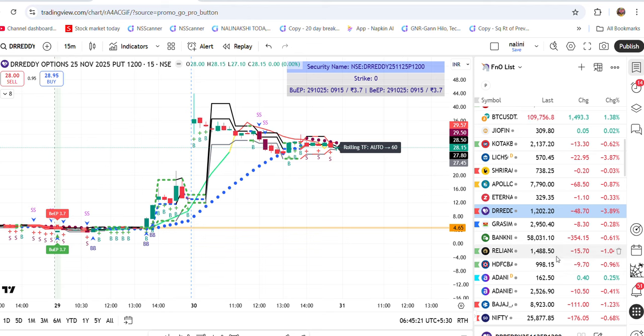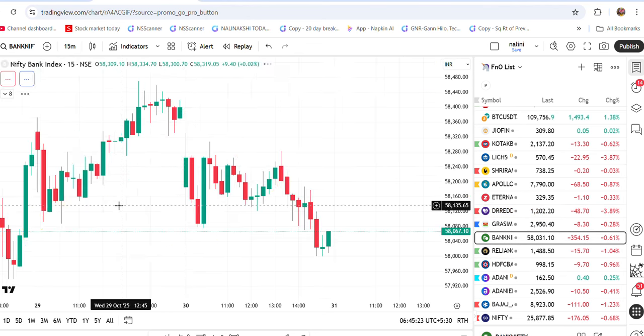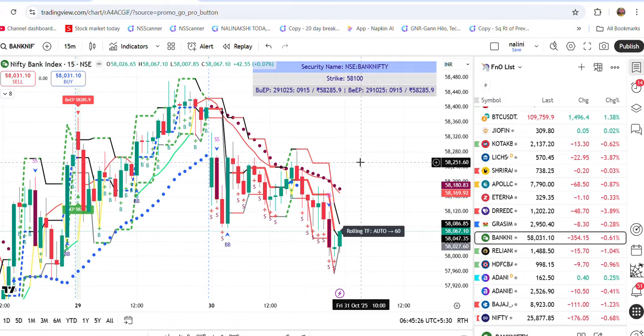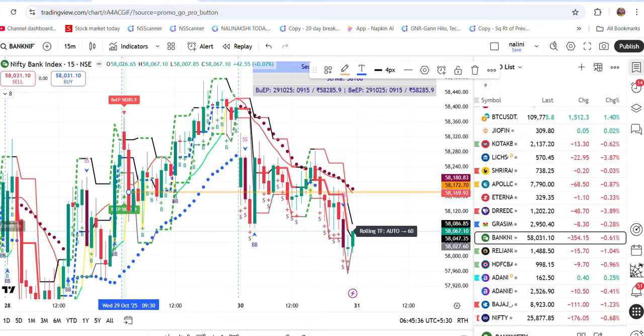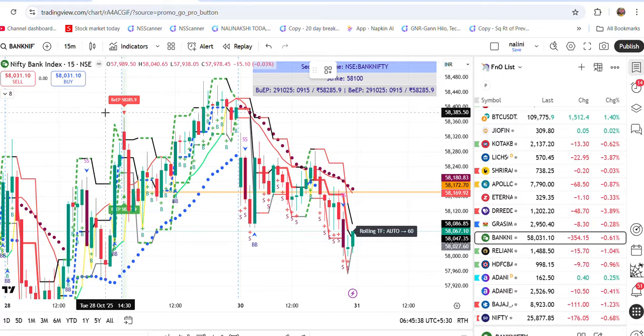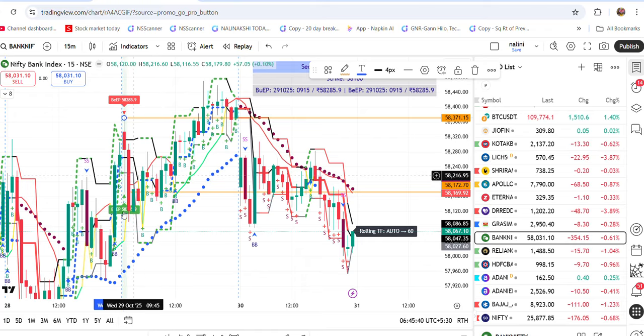Let us check the indices, what it is doing. Let us go to the indices, and we are checking because the episodic pivot has been formed on the 29th. Okay, 29th, and let us mark the high and low of the episodic pivot. That means both call option and put options were active.